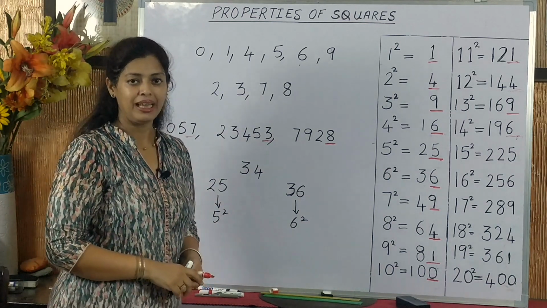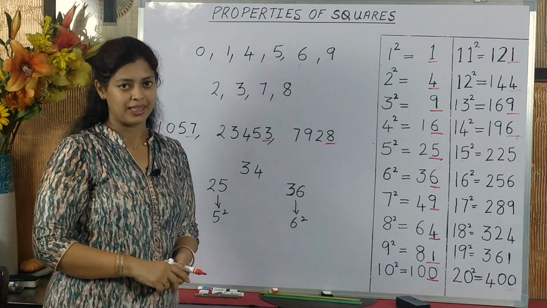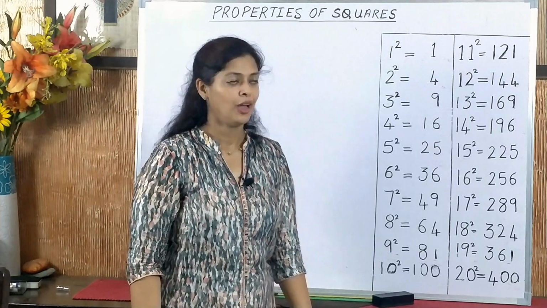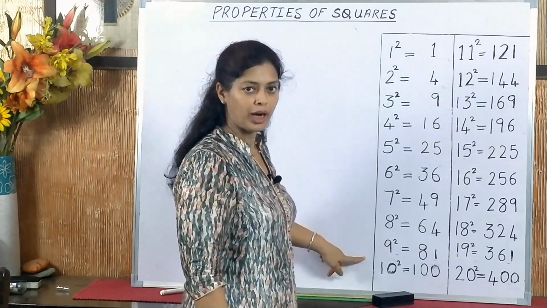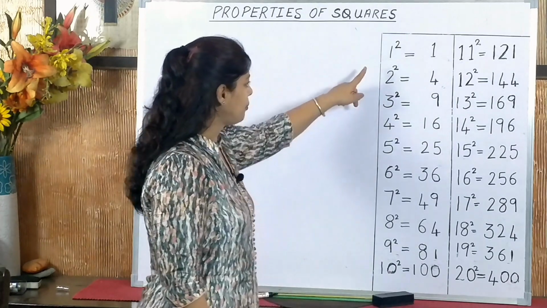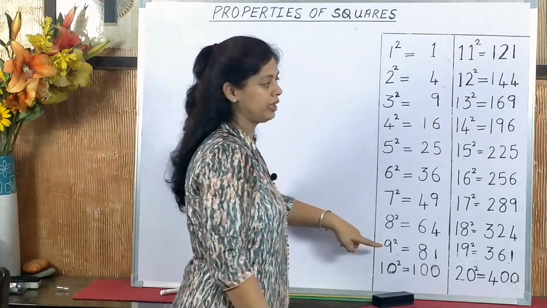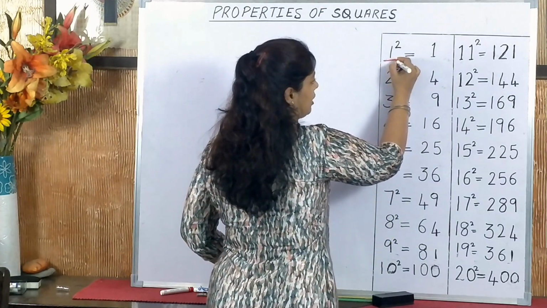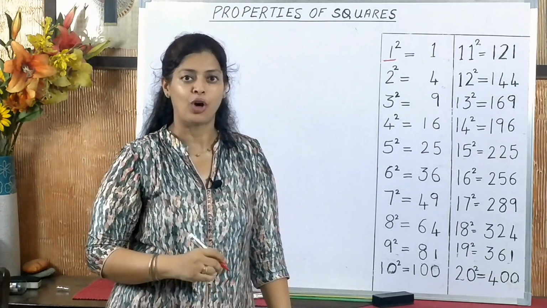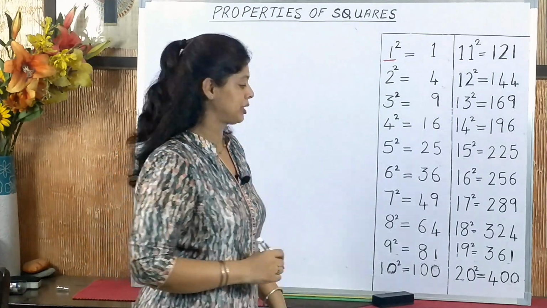Now let us look at the next pattern or property of squares. Now observe the squares of the numbers 1 to 10. If the original number has 1 or 9 in the units place, then the squares of such numbers will always have a 1 in their units place.